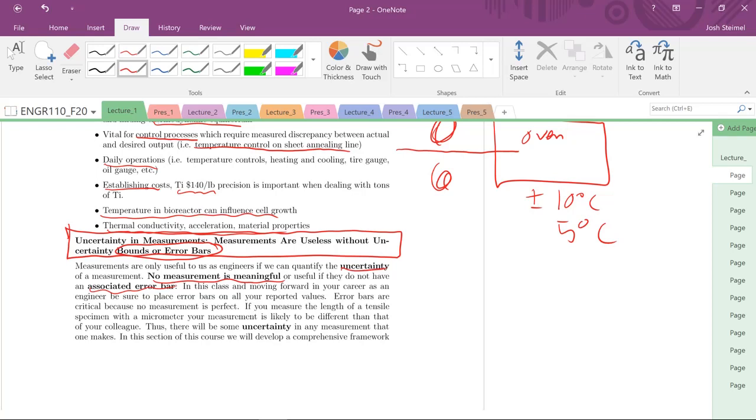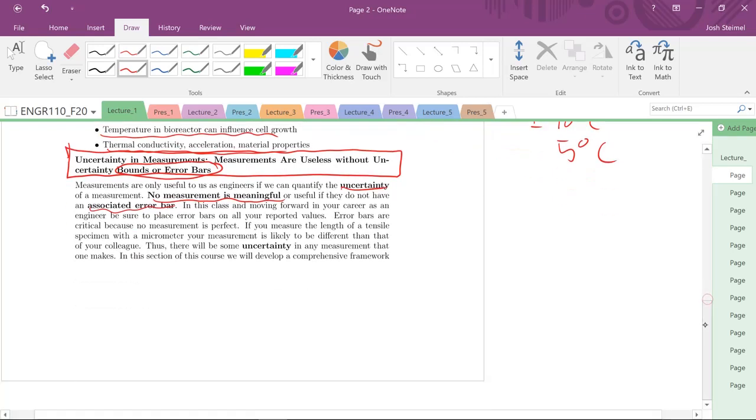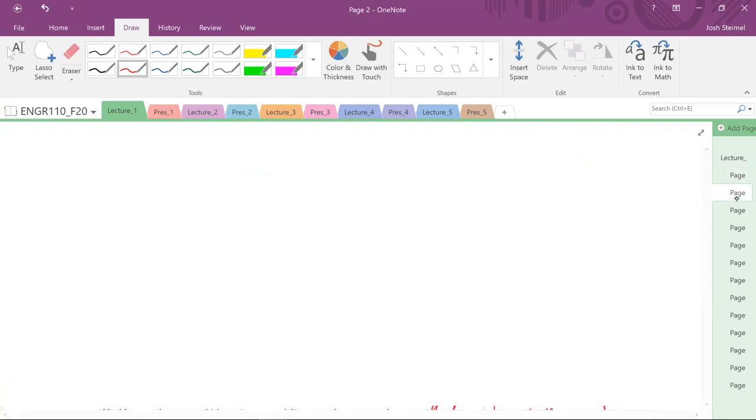That's a big deal. You could cause critical, catastrophic failure. We don't want that to happen. So let's be a little bit careful. Engineering is an amazing field to work in, but there are real-life consequences to the actions you'll take when you get out into the real world. So the one thing I want you to take with you is error bars, uncertainty: put them everywhere.